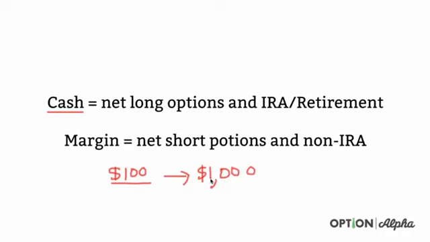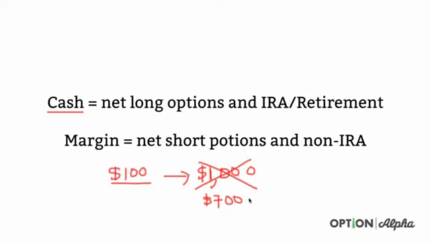Well, if we are trading in a margin account or we have a higher trading level approval, the broker can help us and say, you know what, we're not going to require that you have $1,000 in your account initially to enter this position. We might only require that you have, let's say, $700 in your account, okay? So now we're trading on margin, meaning the broker is not going to require us to carry the full risk in the trade initially.